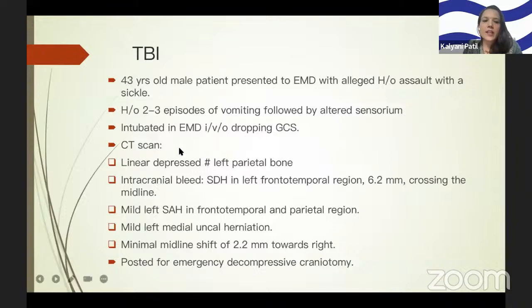The emergency CT scan showed a linear depressed fracture of the left parietal bone, along with an SDH of 6.2 millimeters crossing the midline, a mild subarachnoid hemorrhage in the frontotemporal and parietal region, with medial uncal herniation and a midline shift of 2.2 millimeters towards the right. And he was now posted for emergency decompressive craniotomy.